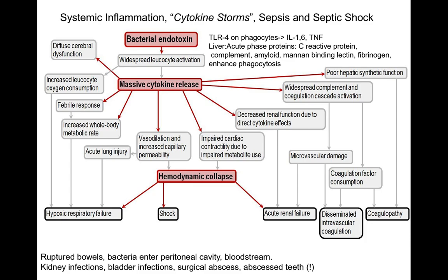So instead of just locally having vasodilation and leaky vessels, now all throughout your body, your blood vessels are dilating and becoming leaky. And this is going to be horrible because our blood vessels dilate everywhere and become leaky everywhere. That's going to cause a drop in blood pressure.